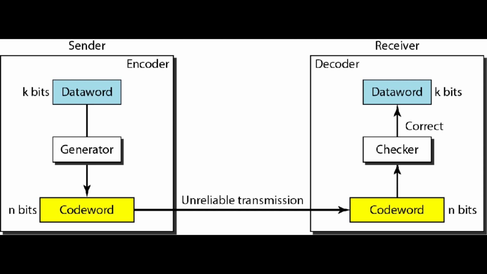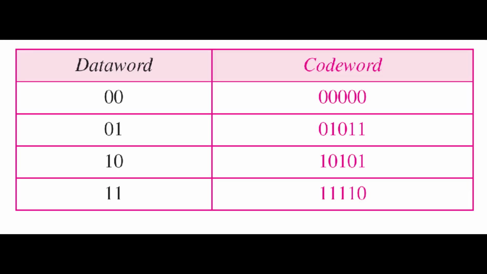Cyclic redundancy check, CRC, uses polynomial division to detect errors. And FEC, forward error correction, adds redundant data to allow the receiver to detect and correct errors without needing retransmission.